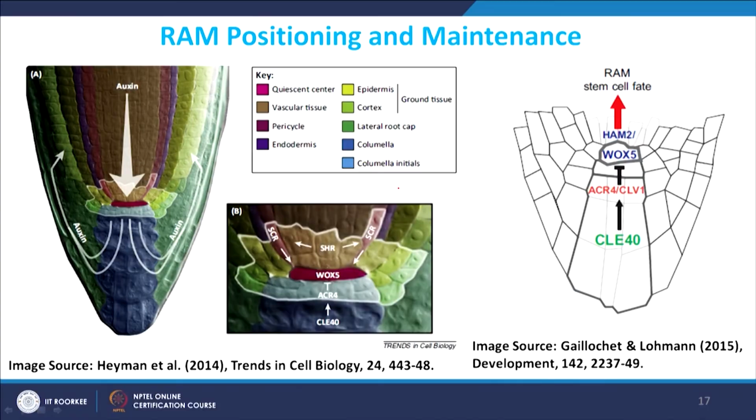So if you look carefully, there are multiple pathways: the plethora mediated pathway, the short root scarecrow mediated pathways, and then the VOX5 ACR4 CLE40 mediated pathway, all of them working together to ensure proper root apical meristem maintenance and function.